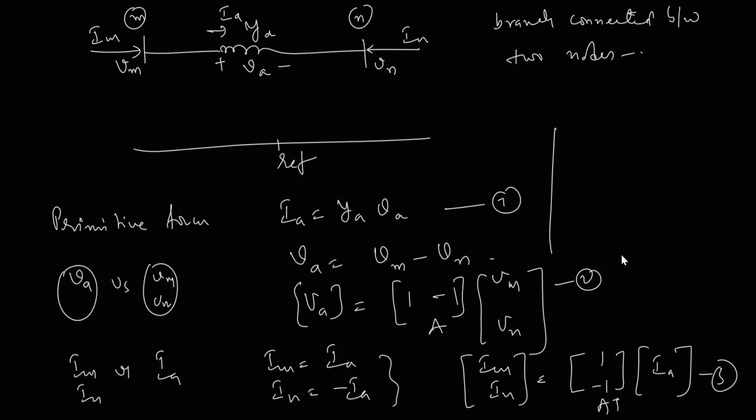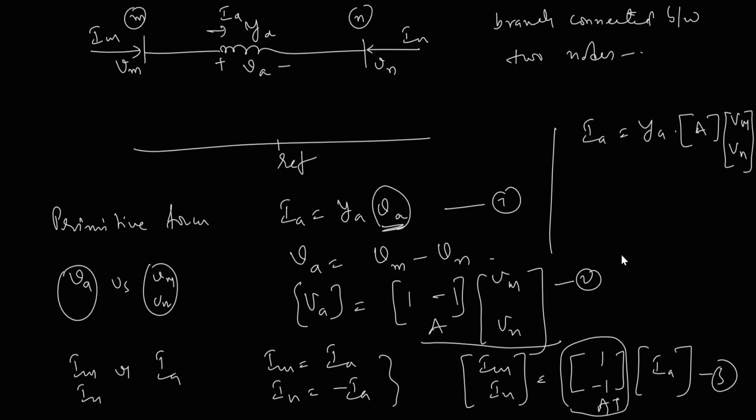Now combine these three. So if I replace this Va by this equation, I have Ia = Ya into this A matrix multiplied by [Vm Vn]. I have just replaced this Va. Now we know that Im In is Ia multiplied by this A transpose. So I multiply A transpose on both sides.